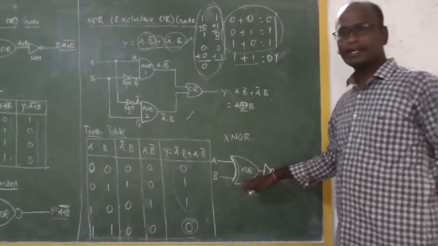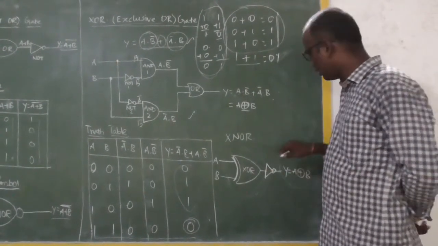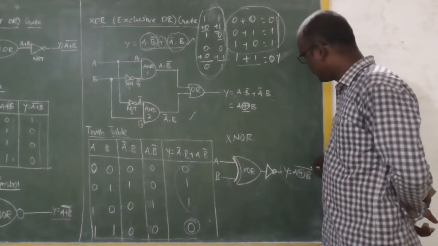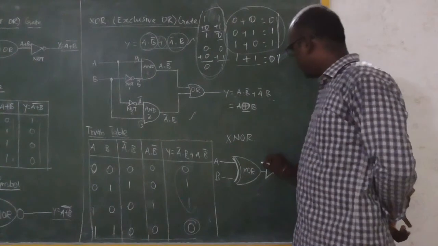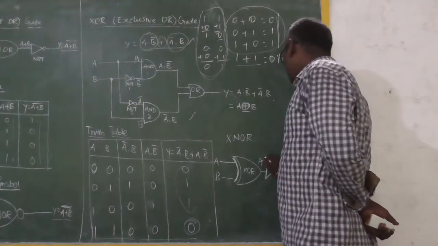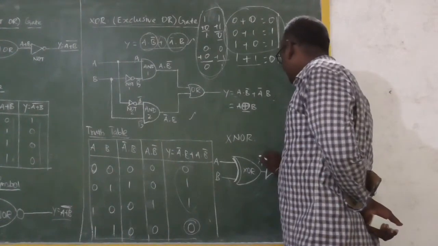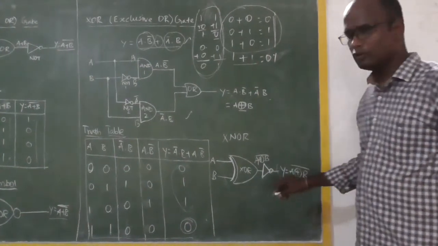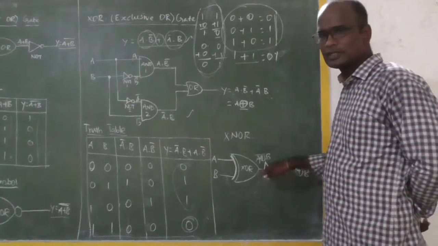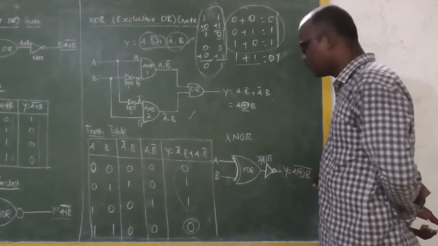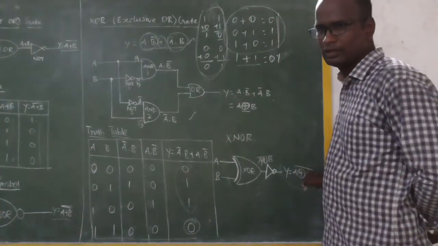That means the XOR gate is followed by a NOT gate to produce the output of an XNOR gate. It produces a direct sum b, which is once again complemented by a NOT gate to produce the output of the XNOR gate.